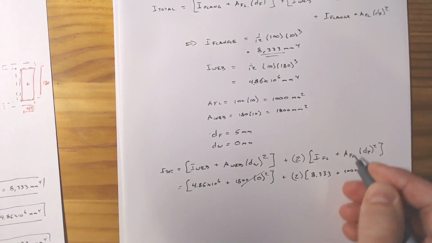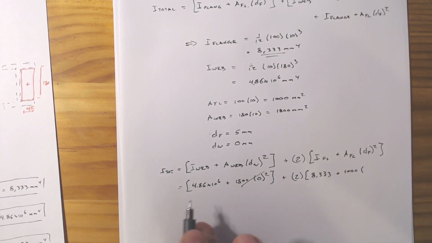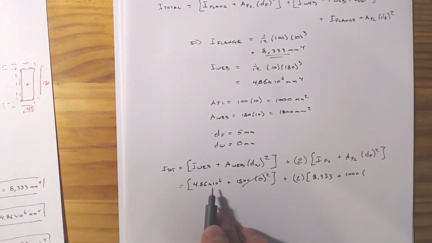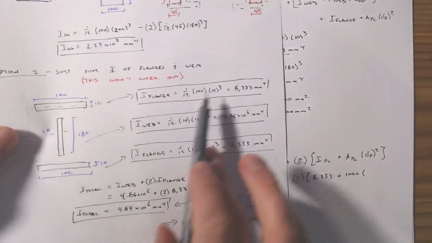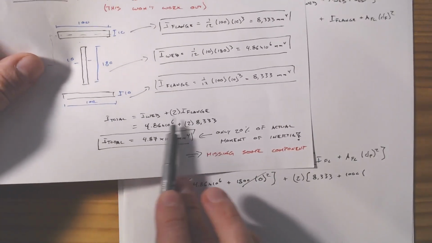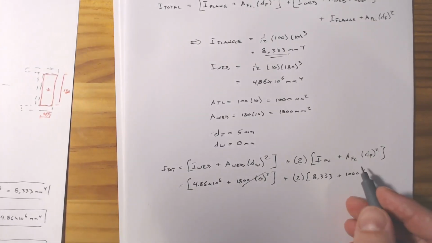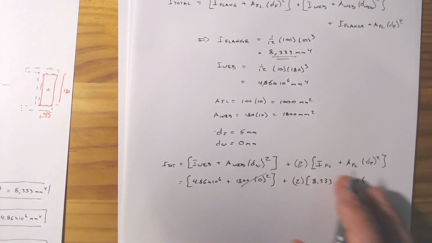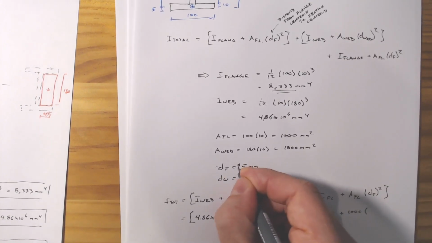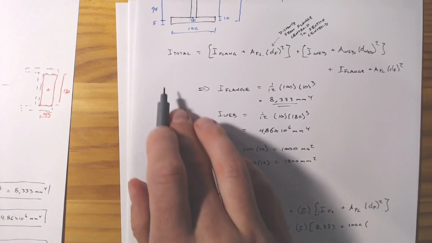1,000 times, now here's where we're going to end up with our discrepancy, because until here, this is effectively what we had previously: I of the web plus 2 I flange. And this last bit is this 1,000 times our distance to our flange, which is not 5 millimeters, sorry, it's 95 millimeters.